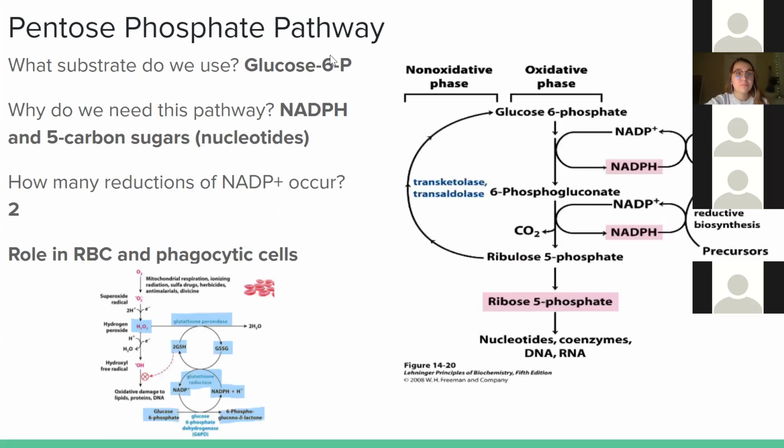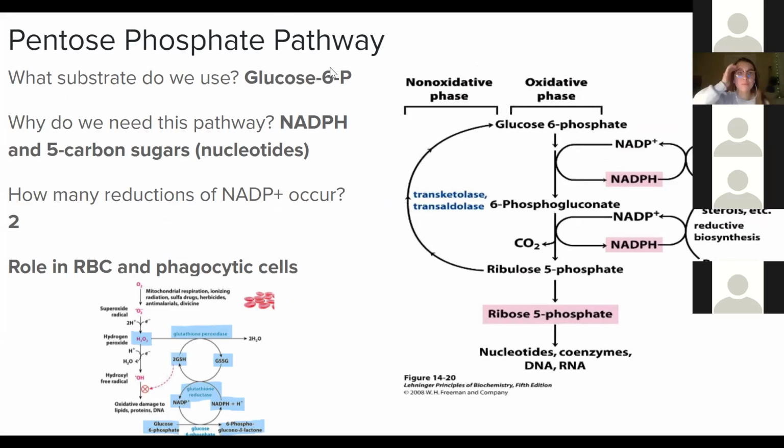All right, moving along to the pentose phosphate pathway, we learned that the pentose phosphate pathway uses the substrate glucose 6-phosphate, essentially one of the starting molecules for glycolysis, as we've learned before.